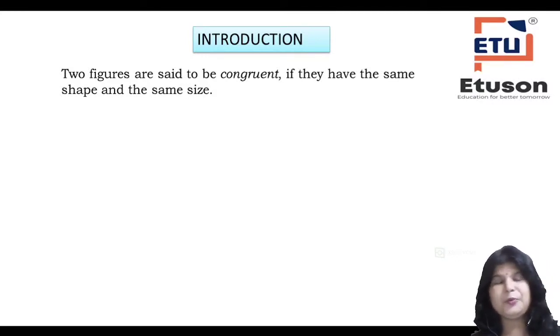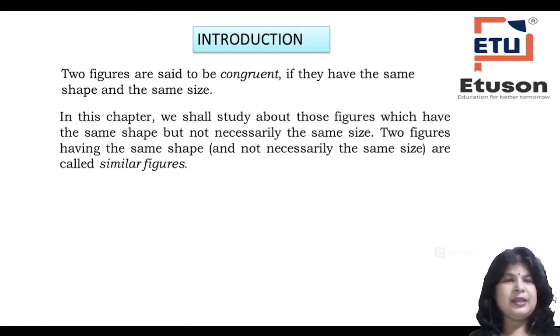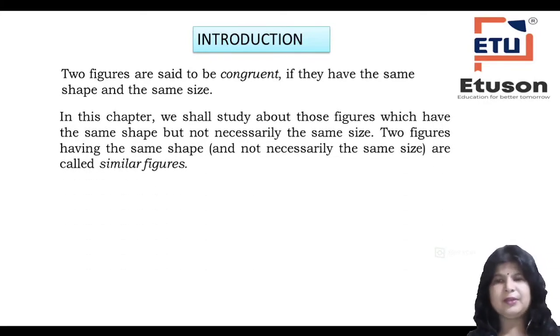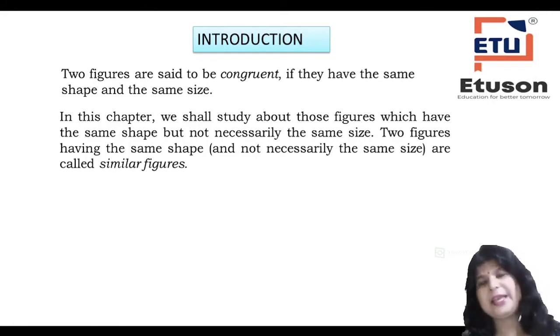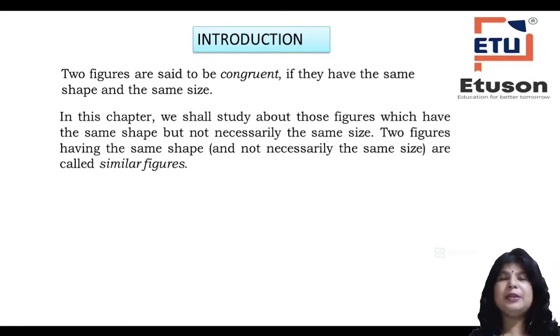Hope you remember it. In this chapter, we will study those figures which have the same shape but not necessarily the same size. Two figures having the same shape and not necessarily the same size are called similar figures, right?